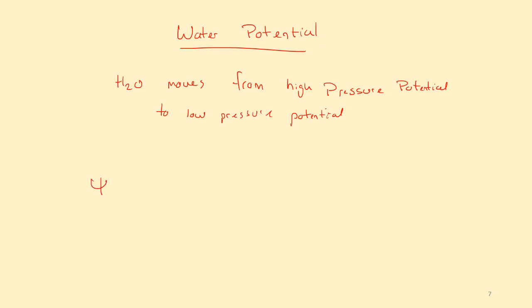Yeah, so water potential is equal to 2 different potentials added together. That's all it is. So you have pressure and you have solute. So you just add them together, and that's water potential.